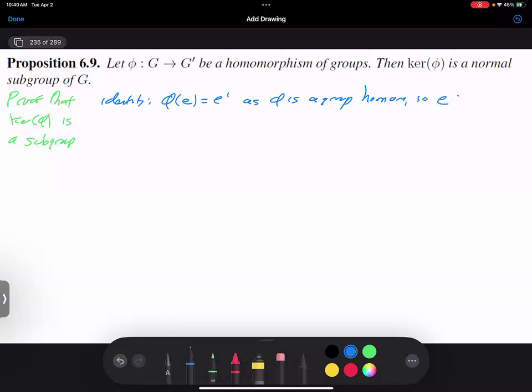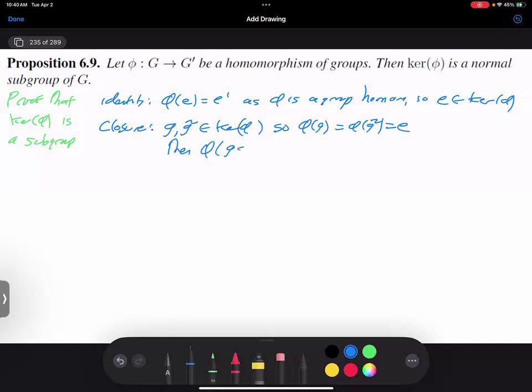So E is in the kernel of phi. What's the next thing we have to show? Closure. So assume G and G tilde are in the kernel of phi. So phi of G equals phi of G tilde is the identity. Then what would phi of the product be?